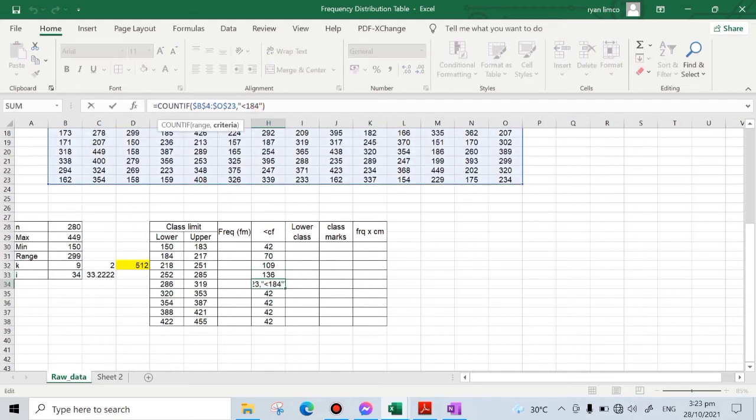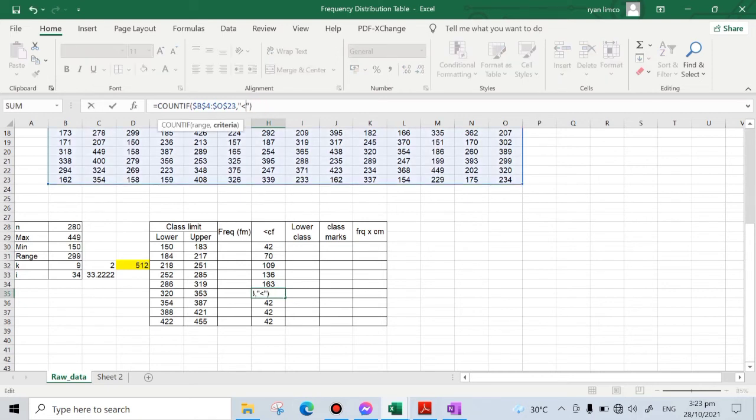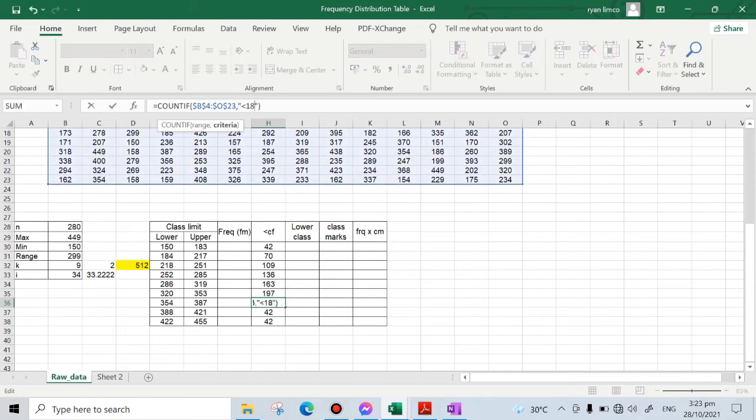And this, papalitan natin ng 320. And this, papalitan natin ng 354. At ito ay papalitan natin ng 388.